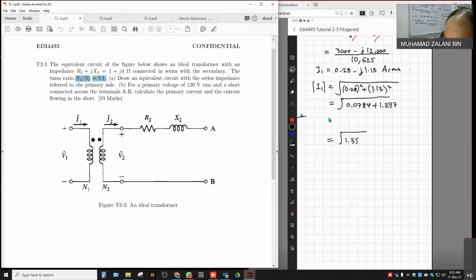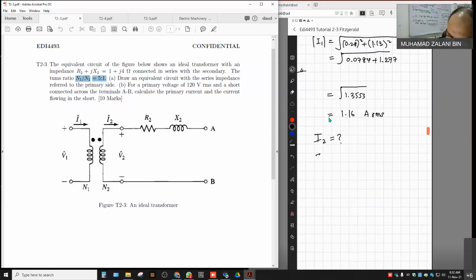We get 1.3553 square root, which is the answer is 1.16 ampere RMS, magnitude of I1. That is I1. Okay. So dalam soalan kita nak I2.